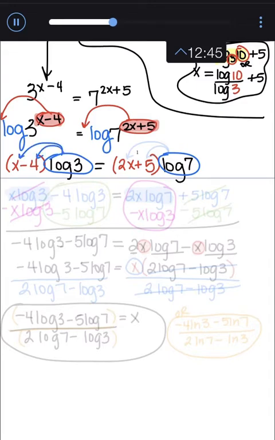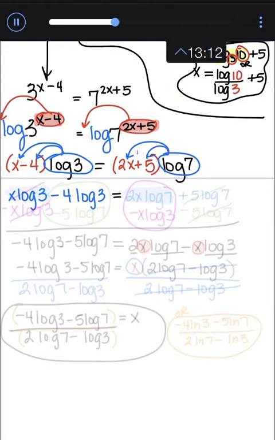So we're going to multiply the log 3 out to everything on the left. So the log 3 times the x, nothing you can really do with that. We'll leave it as x log 3. Then we have to do the 4 times the log 3, which will give us a negative 4 log 3, equals, now I need to distribute the log 7 to everything on the right.